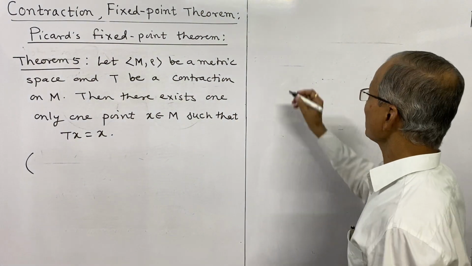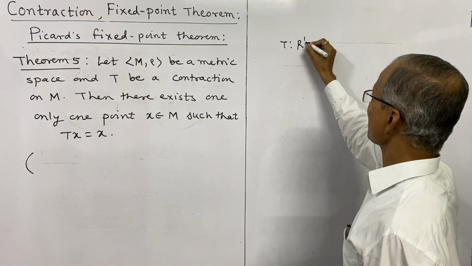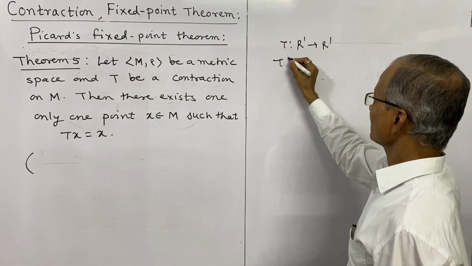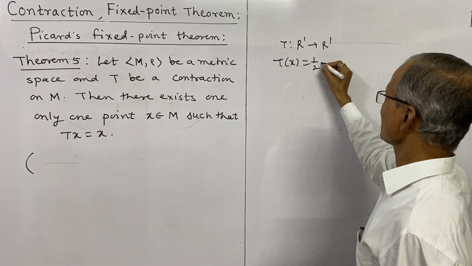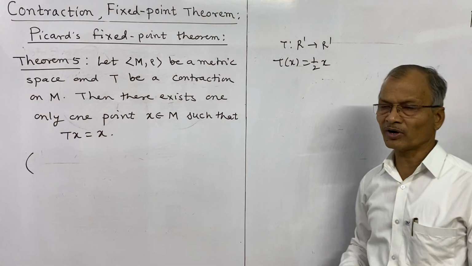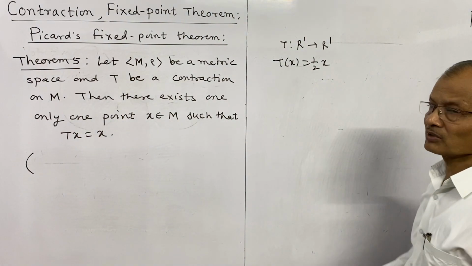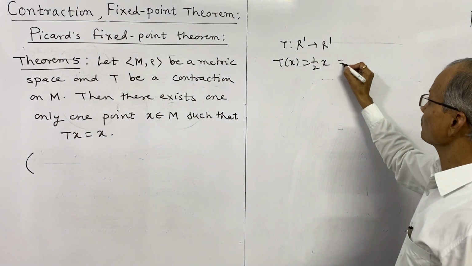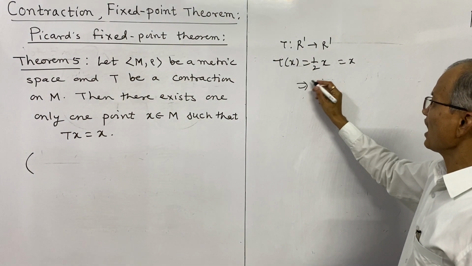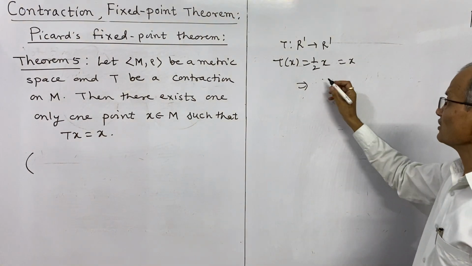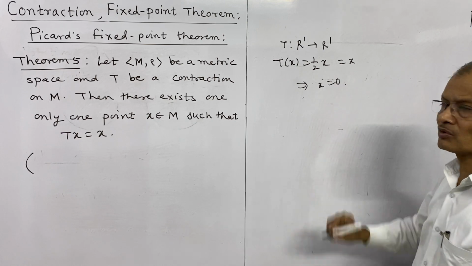So in the earlier example we have T from R1 to R1 defined by T of x is equal to half x. Now what will be that point? How many fixed points will be there here? The image must be equal to the same, so this must be equal to x. So half x is equal to x, which is only possible when x is equal to 0.